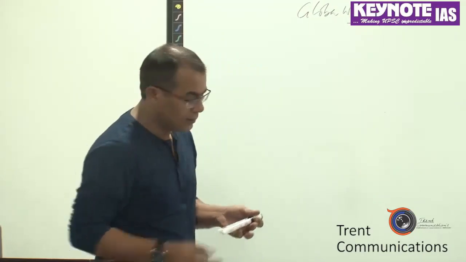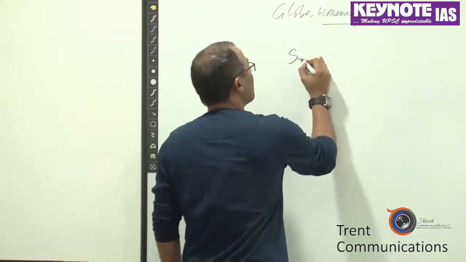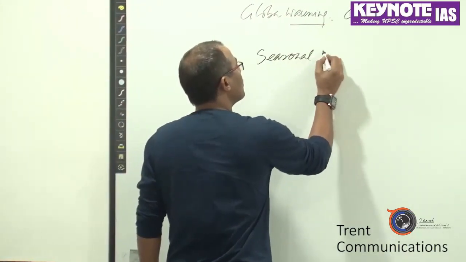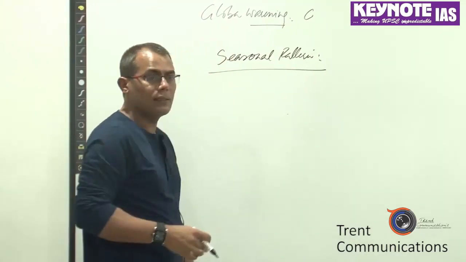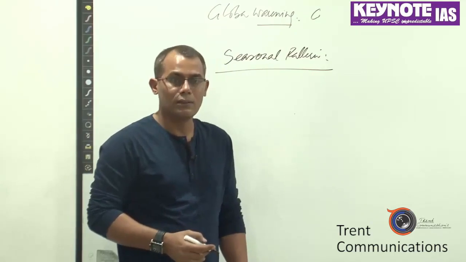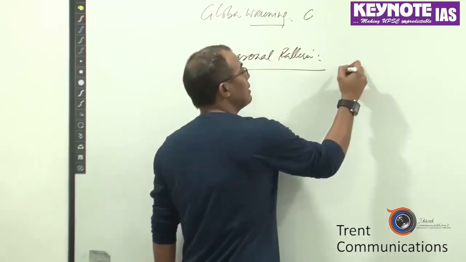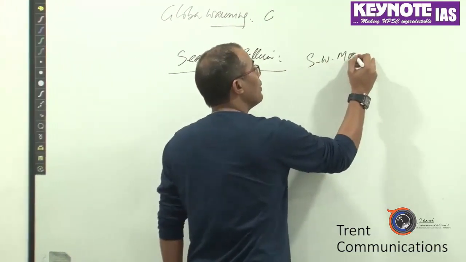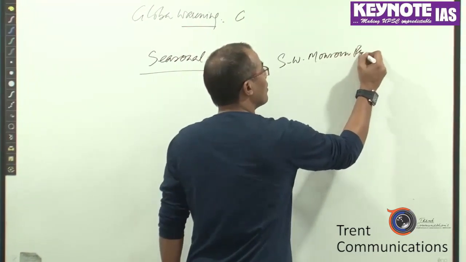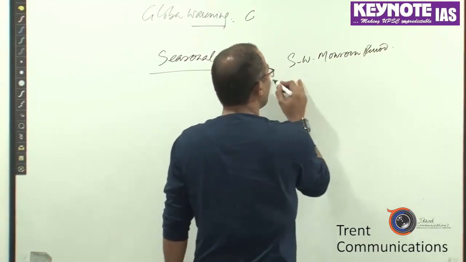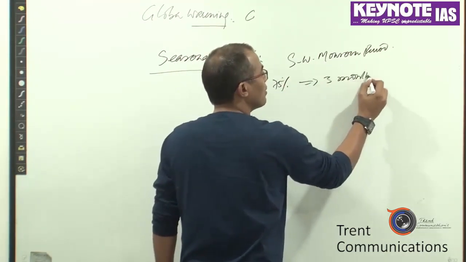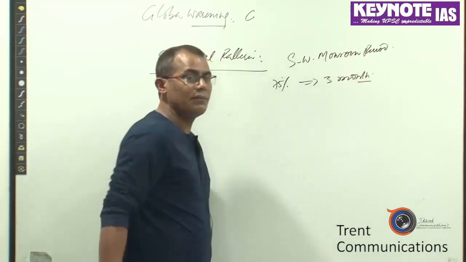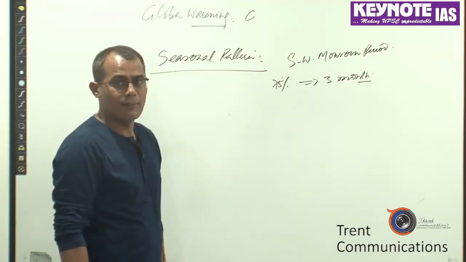What is the seasonal pattern? Dominated by the summer rainy season, southwest monsoon period. Almost 75% of rainfall is received in just 3 months, and 25% is received in the rest of the months.